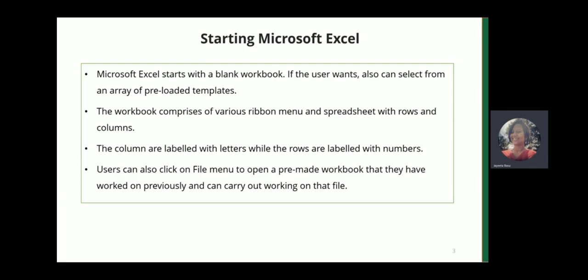If you're using a previous version, you will find that the columns are labeled with alphabetical letters, so column A, B, C, D, whereas in my case, the columns are also labeled with numbers. But it is still easy to locate the row and column that you want to select when creating a workbook and also using it for calculation.